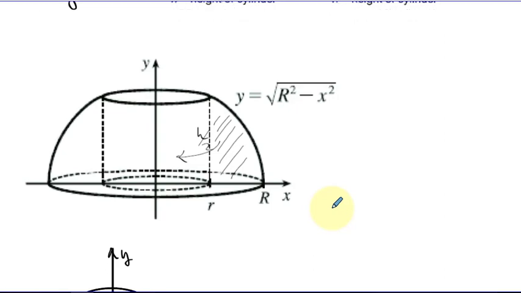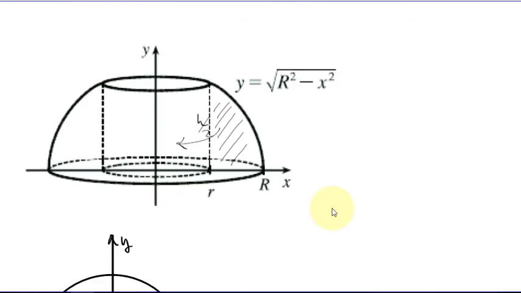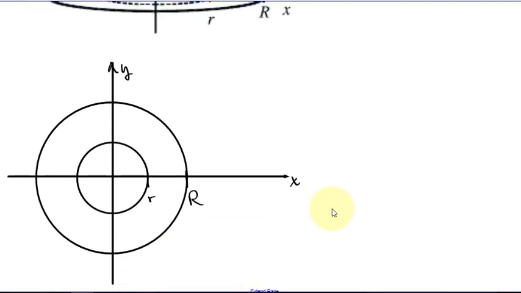And so what we need to do is figure out the region on which we're going to integrate. And since that region has this kind of shape, you see this big R is the radius of the sphere.